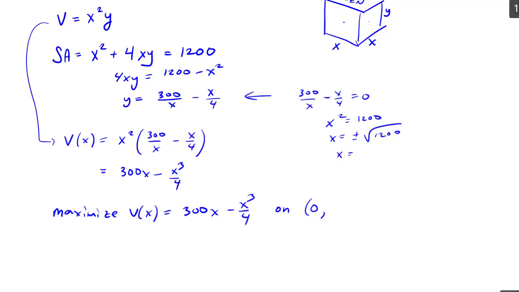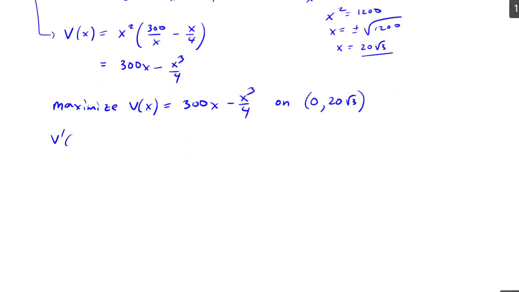We can forget about the minus right now. We're only interested in positive lengths. So x is, 400 times 3 is 1,200, so take out 20 as the square root of 400, 20 radical 3. So x can only go up to and not include 20 radical 3, because that's where y would then become 0, and that's not going to work. Okay.